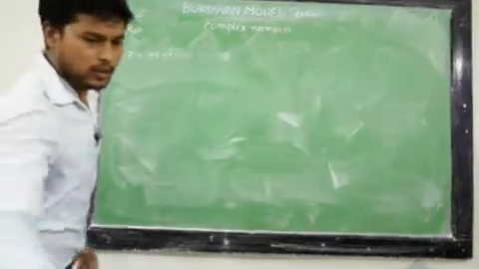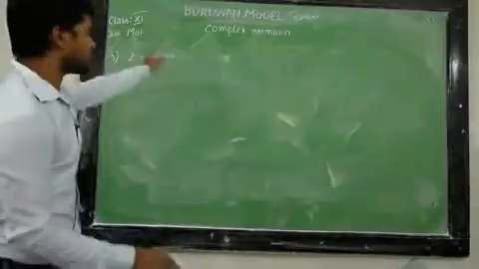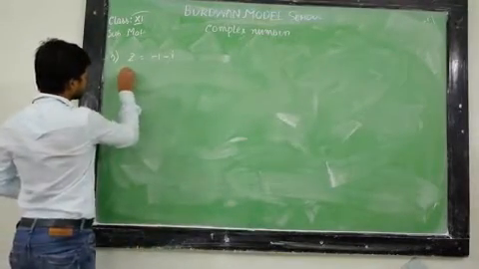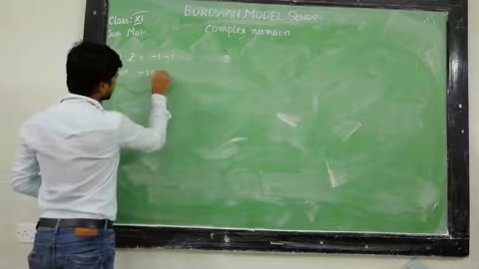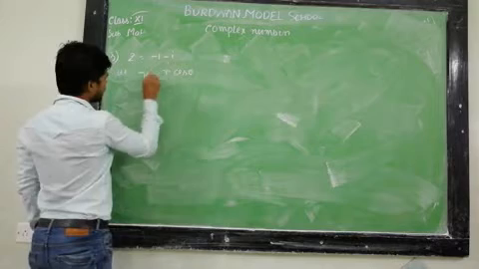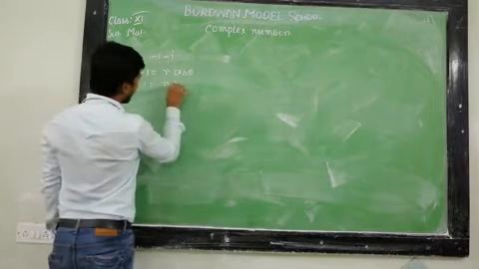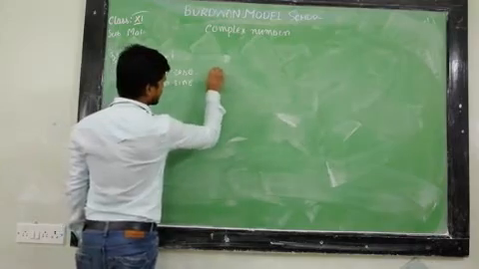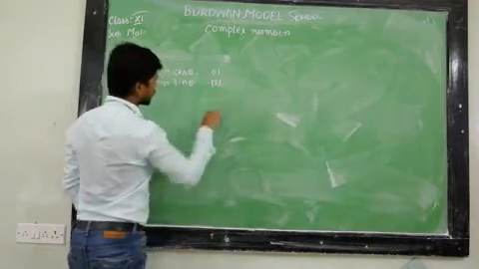We have to convert it into its polar form. So we'll consider minus 1 equal to r cos theta and minus 1 equal to r sin theta. So this is our equation number 1 and this is our equation number 2.